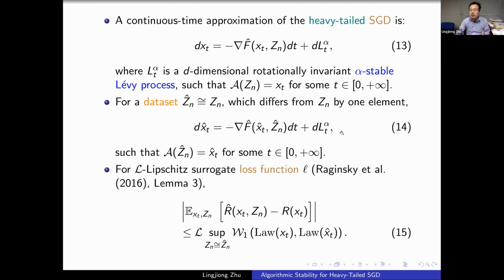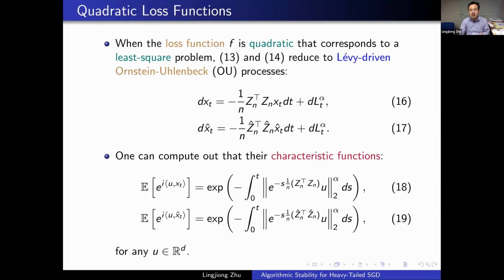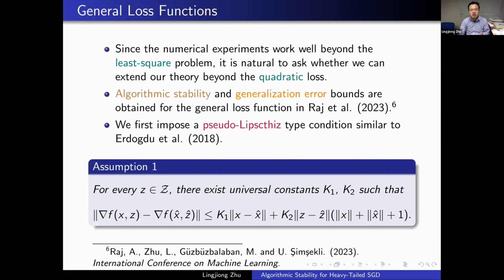Here, it's heavy tailed, so there's no guarantee the second moment is finite. Actually, it's infinity. So the question is how do you design a Lyapunov function that makes it work? This brings three technical challenges.